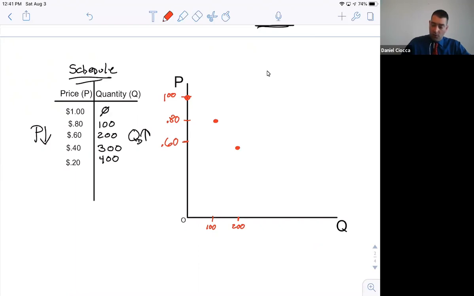When the price goes to 40 cents, students would have been willing and able to buy 300. And when the price drops all the way to 20 cents, students were willing and able to buy 400 chocolate bars. And I'll put 500 on the graph, but it didn't come into play here.